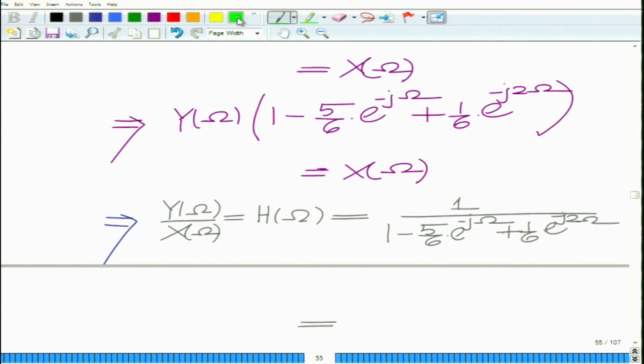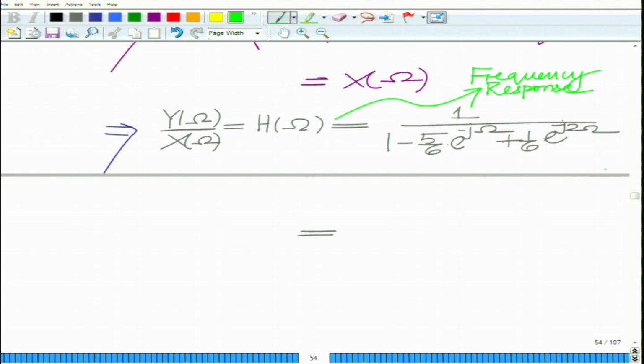Now, remember this is basically already your frequency response of the discrete time LTI system. Okay. Now, we have to derive the impulse response. So, if you take the inverse DTFT of the frequency response, you get the impulse response.